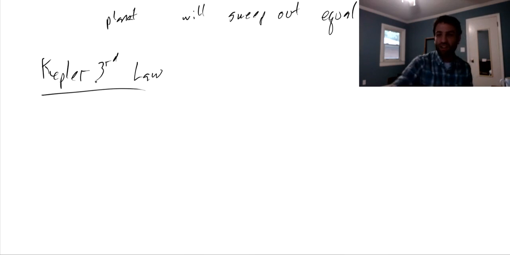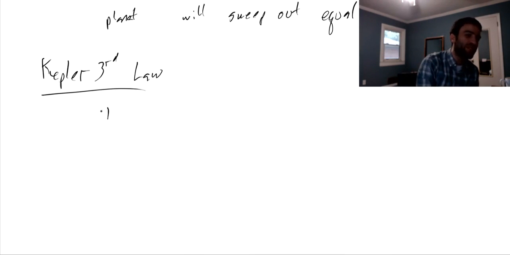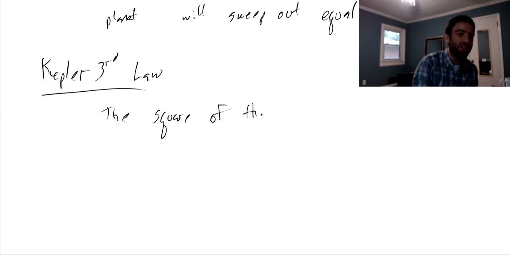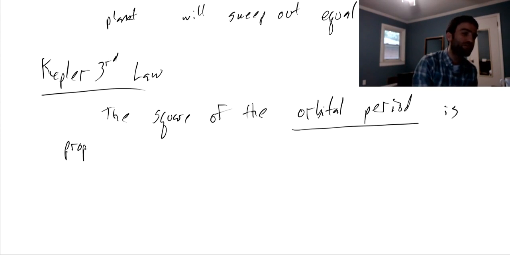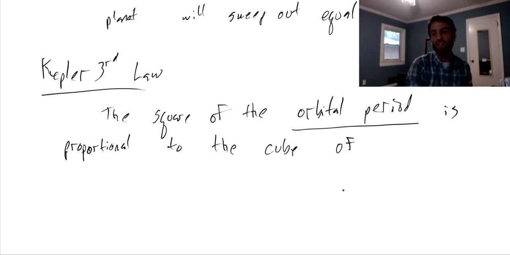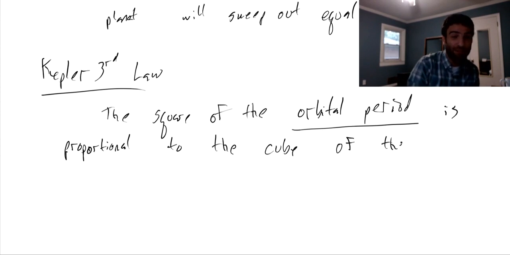Kepler's third law says that the square of the orbital period, okay, so not the angular velocity, but how long it takes to go all the way around one complete orbit, is proportional to the cube of the average distance.